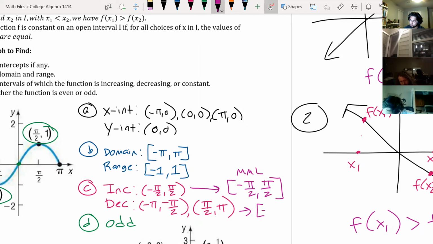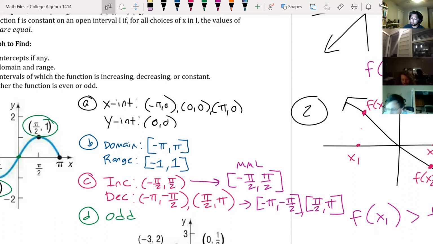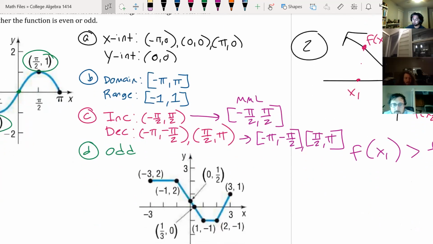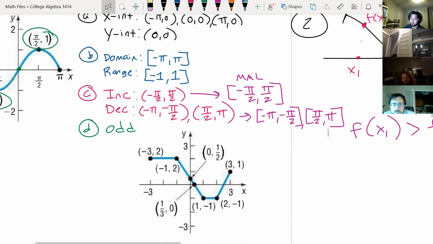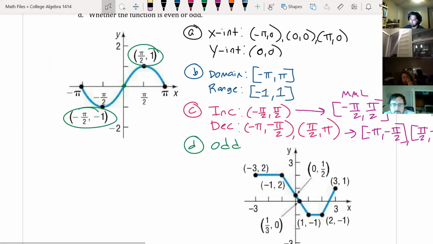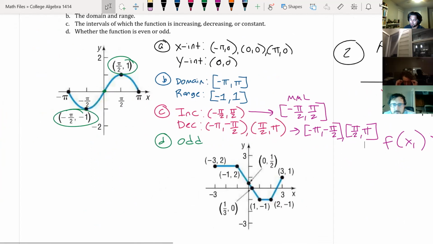You're not supposed to use brackets when stating interval notation or intervals of increase or decrease. So this could be your possible MyMathLab answer. I don't know when it changed and who changed it, but that's what's going on. And that's just not right. It's not okay.